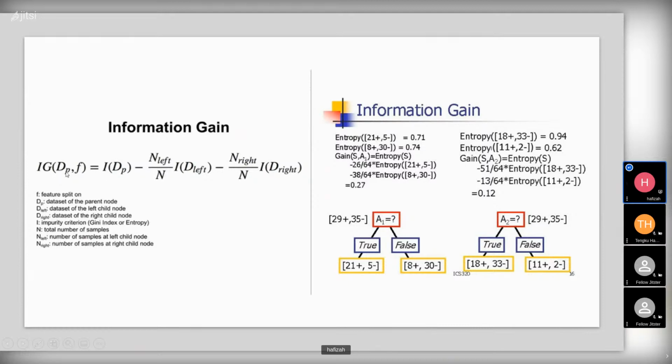Okay, for the data set, parent P is the parent node, and we split it to become child nodes. So the next one is the child node. We have a child on the left and also on the right.